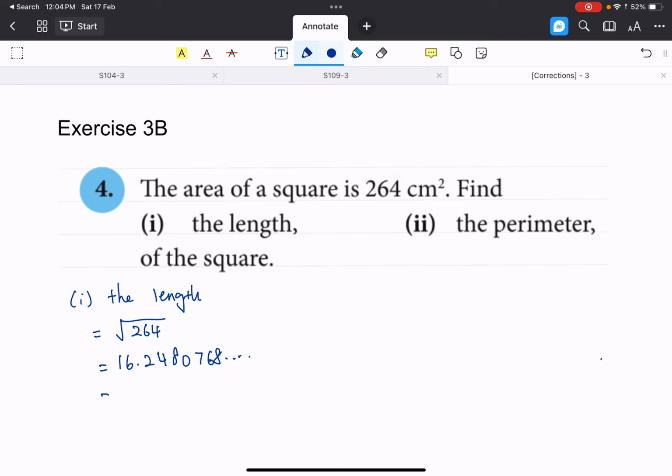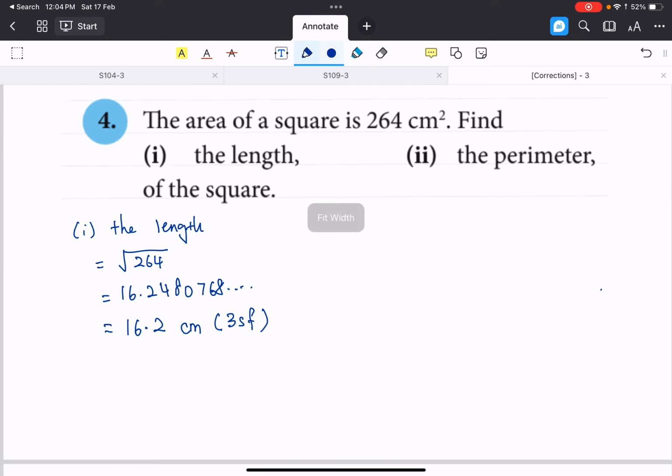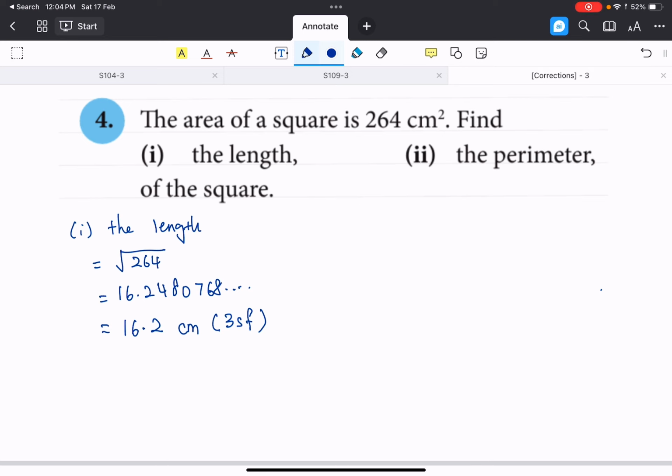So we want to present our final solution up to three significant figures. So 16.2, write down the units, which is centimeter in this case, and indicate that it is three significant figures. So that is how we present our answers for questions of this nature.